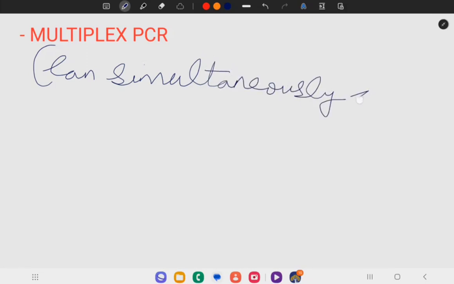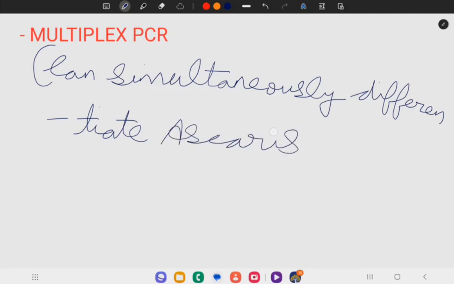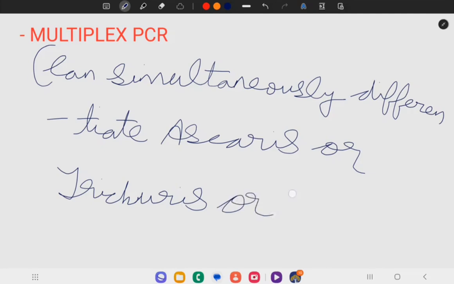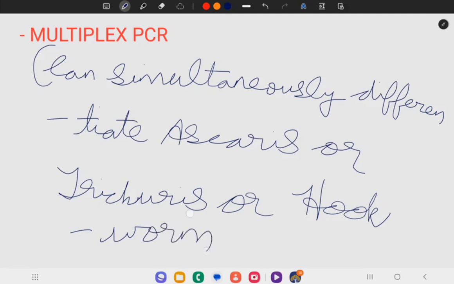Multiplex PCR can simultaneously differentiate whether the organism is Ascaris, Trichuris or hookworm. We are done with lab diagnosis.